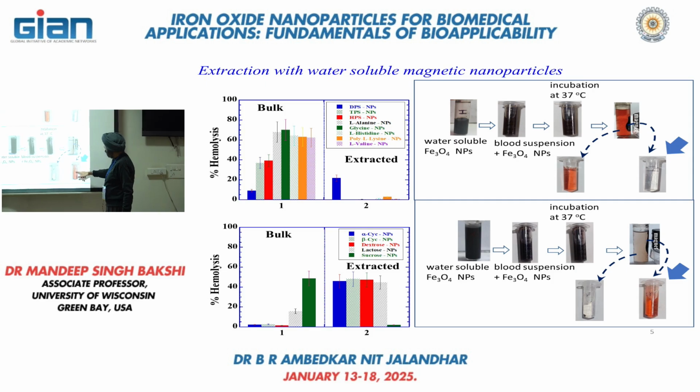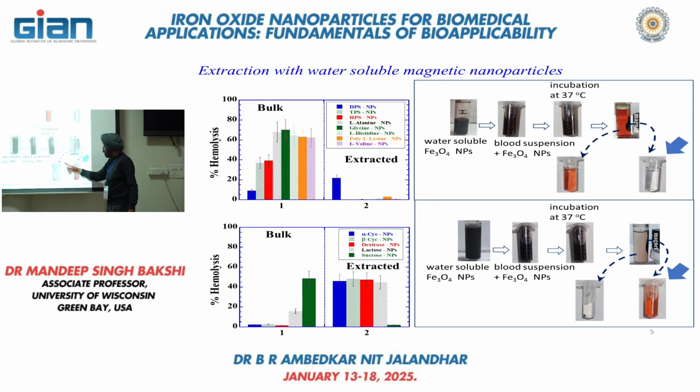You see over here, this color. Why this color? Most of the blood cells are extracted over here, right? When you put this sample in pure water, the blood cells got burst and created the color. On the other hand, if we take this one and put it in pure water, there is no color.